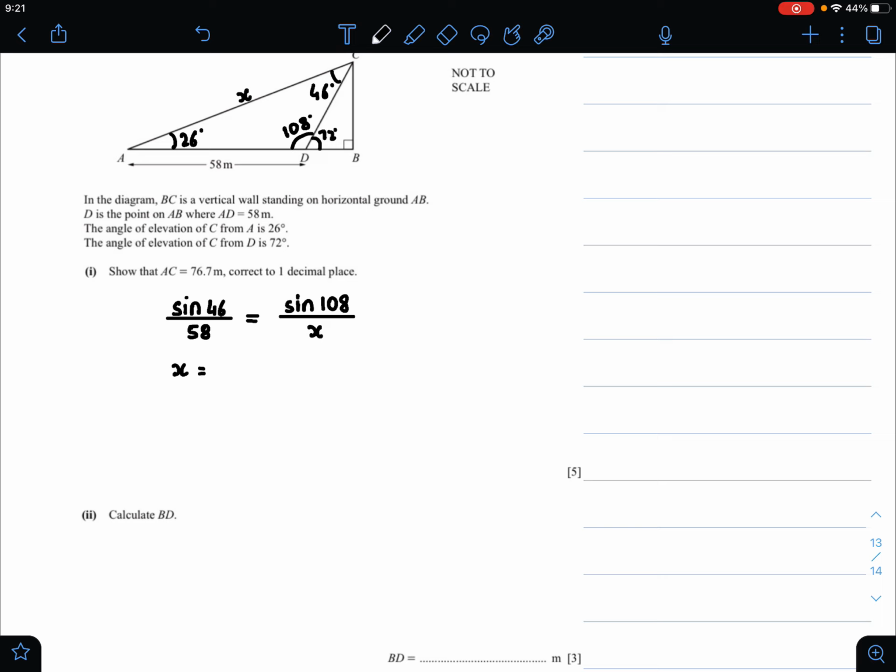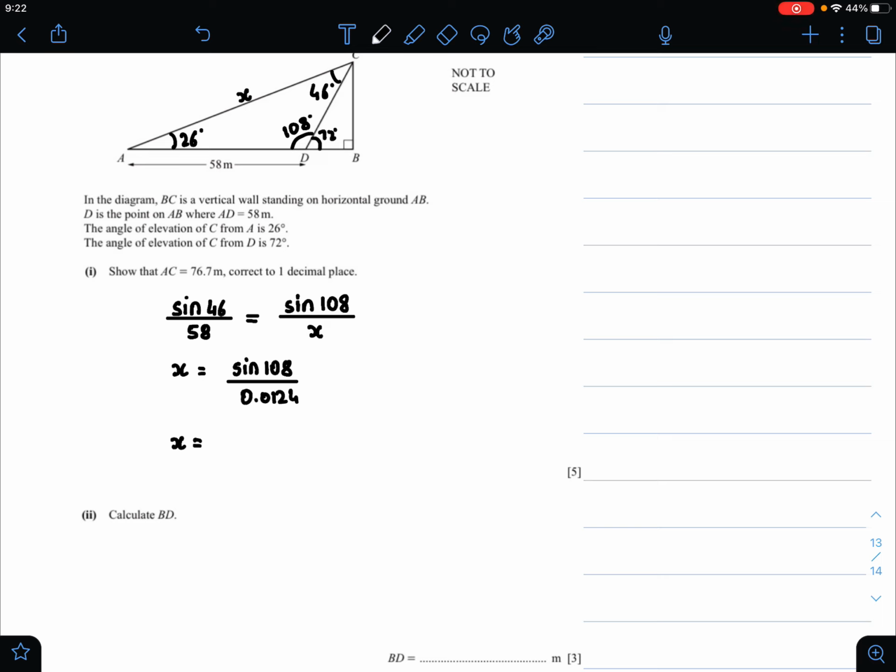So x is equal to, we can take sine 108 to the other side of the equation. When you take the numerator to the other side of the equation, it stays the numerator. So it will be sine 108 divided by the value of sine 46 divided by 58. So sine 46 divided by 58 is equal to 0.0124, and therefore x will be equal to sine 108 divided by 0.0124.